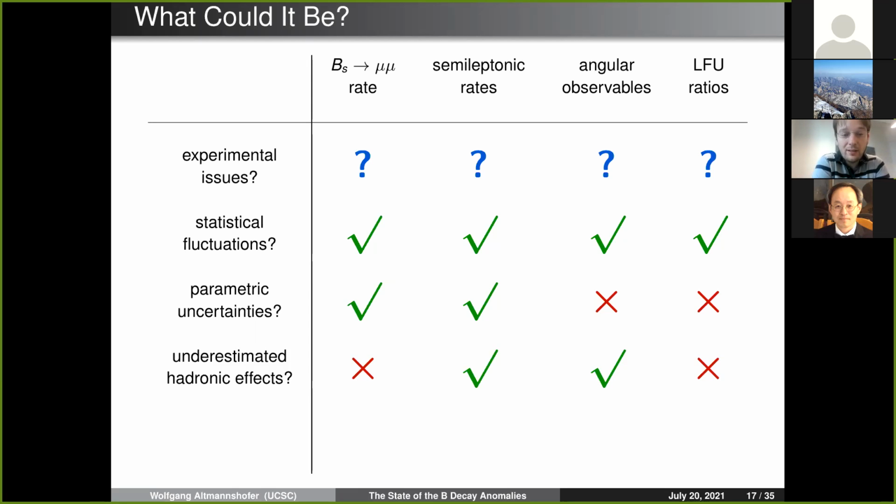They couldn't explain the meson plus or minus rate, where the only hadronic parameter which enters is the meson decay constant, and that's under fairly good control from the lattice.